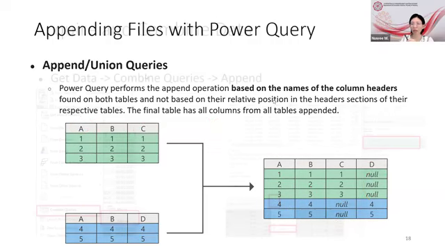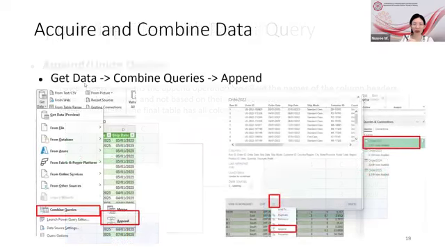So where do we append? Here again: Get Data, Combine Queries, and then Append. Or you can choose to hover over one of your queries, and there will be a dot here, and then choose Append. Either way is fine. I will choose the first one.